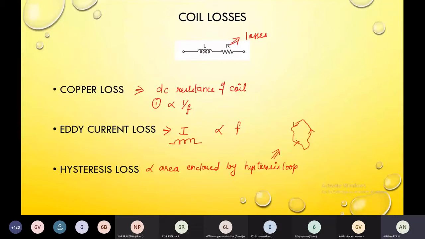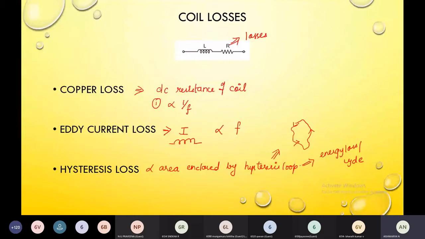And what is the area enclosed by the hysteresis loop? The area enclosed by the hysteresis loop indicates the energy loss that occurs per cycle. The hysteresis loop is formed basically due to the magnetization and demagnetization of the coil. You know that your inductor will store and discharge magnetic energy.